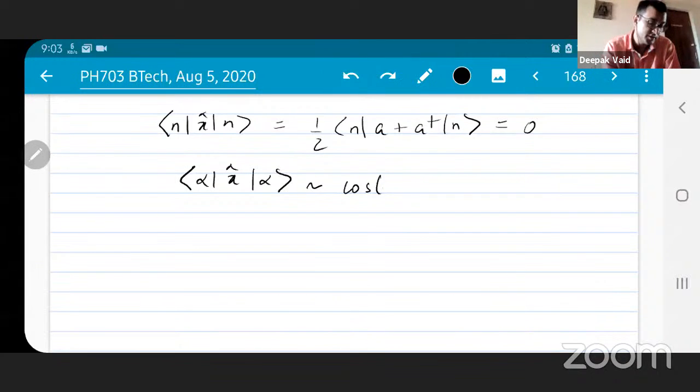No, sorry, it will turn out to be of the form, so it will not be 0. Okay, let me just say it will not be 0.